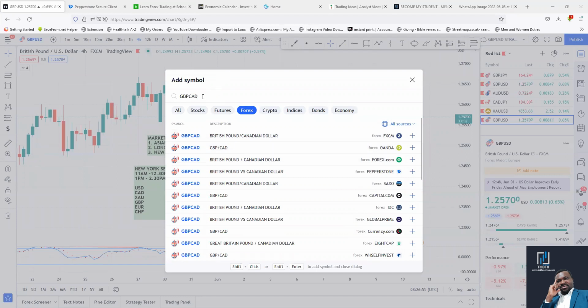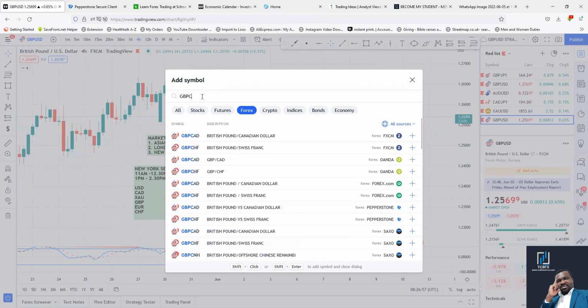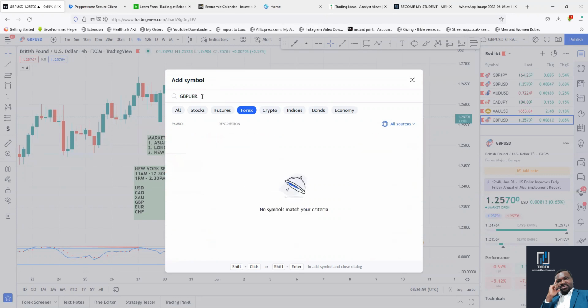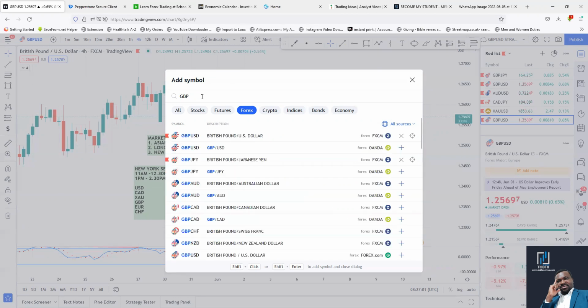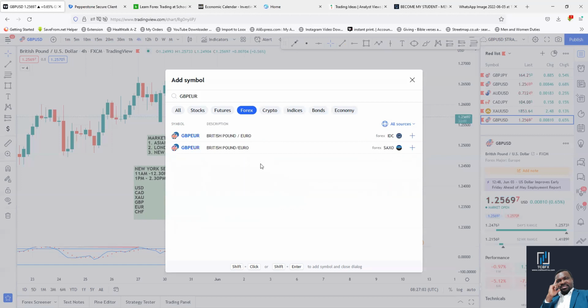But it is wrong for you to trade GBP EUR, which is the Euro currency. Why? Because both of them are strong.